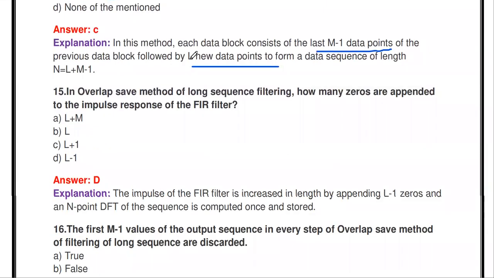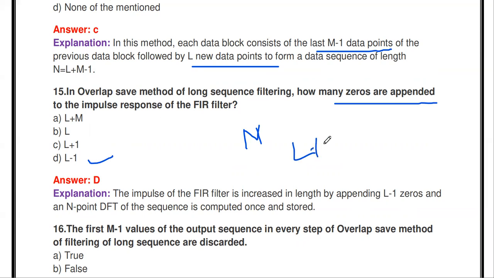Then in the overlap save method of long sequence filtering, how many zeros are appended to the impulse response of the FIR filter? If the impulse response has length M, we have to append L minus 1 zeros in order to make the length L plus M minus 1.